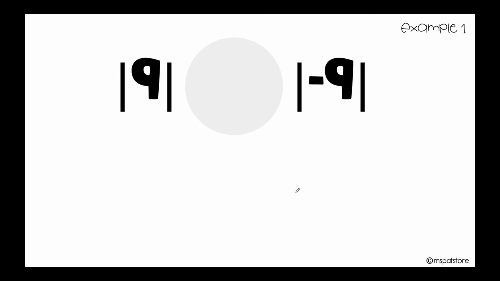In this exercise, we're going to be comparing the absolute value of positive 9 and the absolute value of negative 9. Remember, the absolute value is pretty much the distance of that number and 0 on the number line, okay? If you do not remember, you can even draw the number line and use it as a reference, okay?